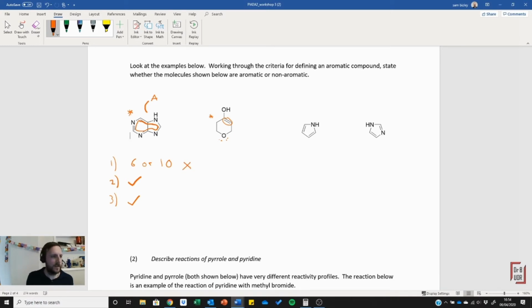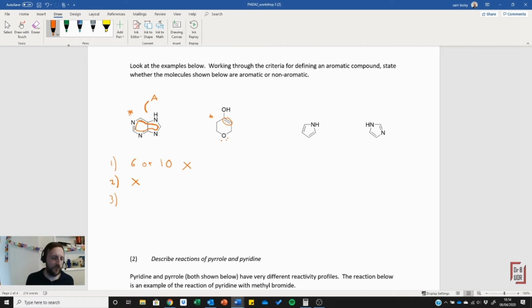Okay, let me just get rid of these 2 ticks here. Next rule, are the electrons fully conjugated? No. So we've got electrons in these bonds, they're not being spread out. There's no kind of ring delocalization we have. These lone pairs are not included. So no, all the electrons in that ring structure are not delocalized or conjugated. Is it planar?